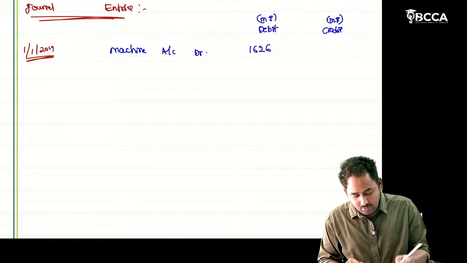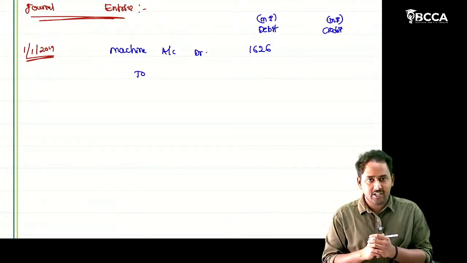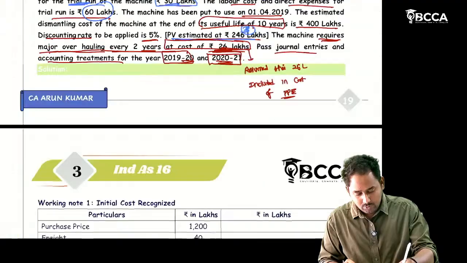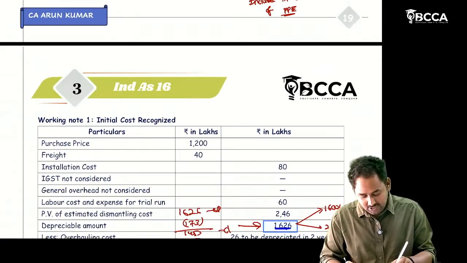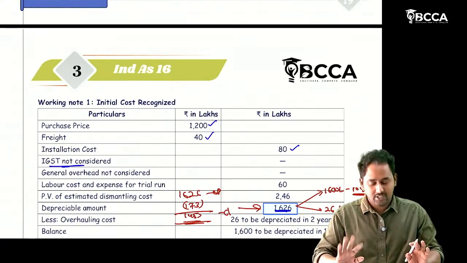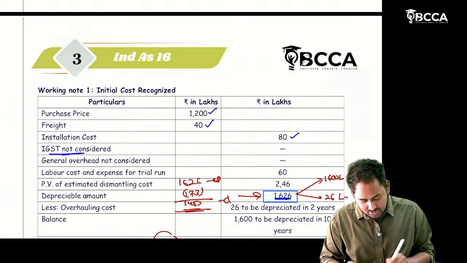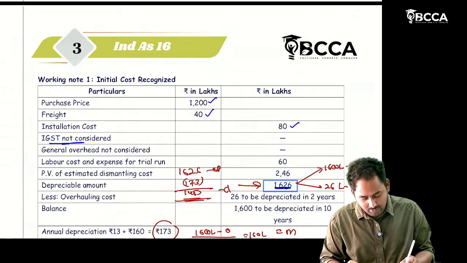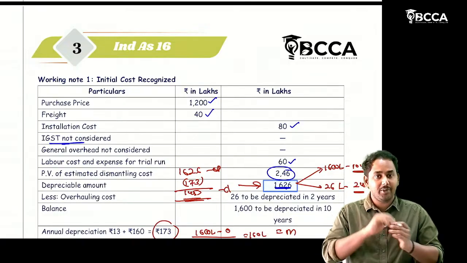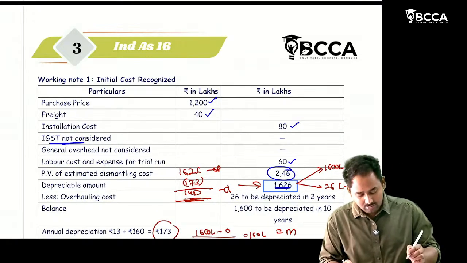The machinery account is 1626. But out of this 1626, did I pay everything in cash? Purchase price in cash, freight in cash, installation in cash. IGST is not considered here, leave it, because IGST is a refundable tax. General overhead is also transferred to P&L. So all these are cash. Only 246 is not paid in cash today. It's a liability for dismantling cost.